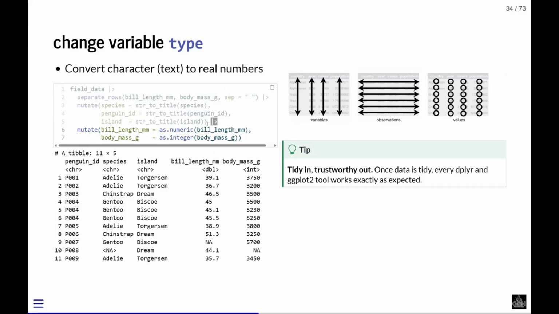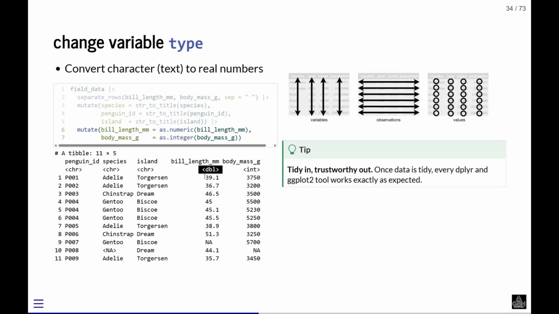So we use the pipe at the end of the last command, and then we continue with these 2 lines. We say the first one should be numeric because it is a decimal thing, and then we say this one is an absolute number, so it should be integer. So R renames this number as integer. Now you see R made it numeric, which R itself knows as a double.